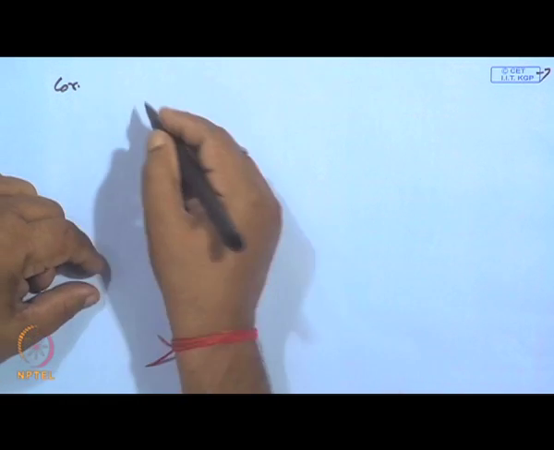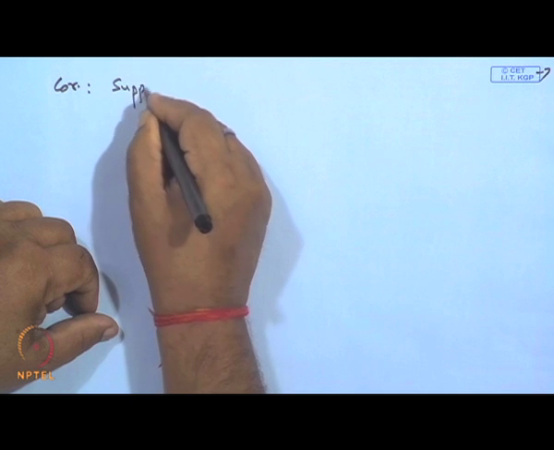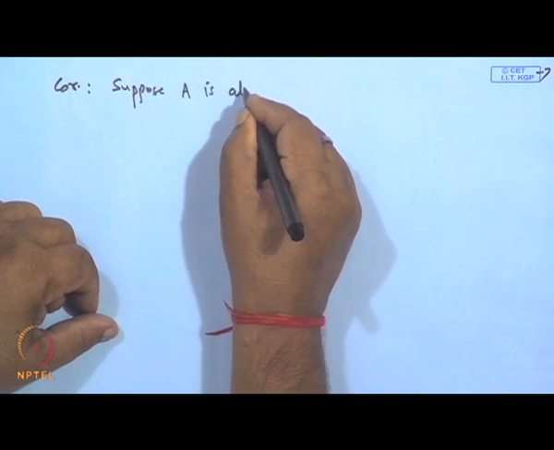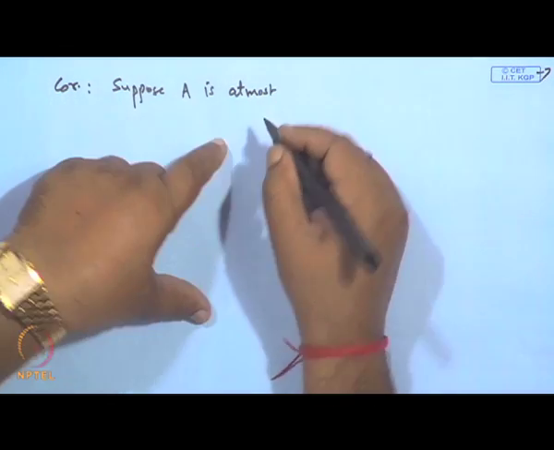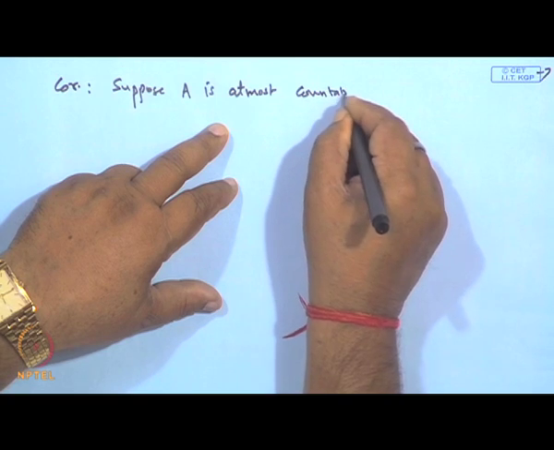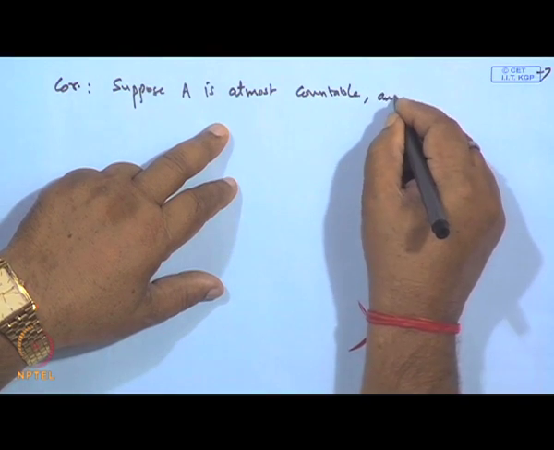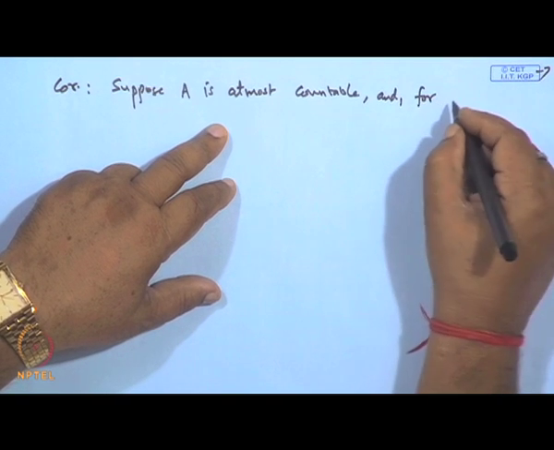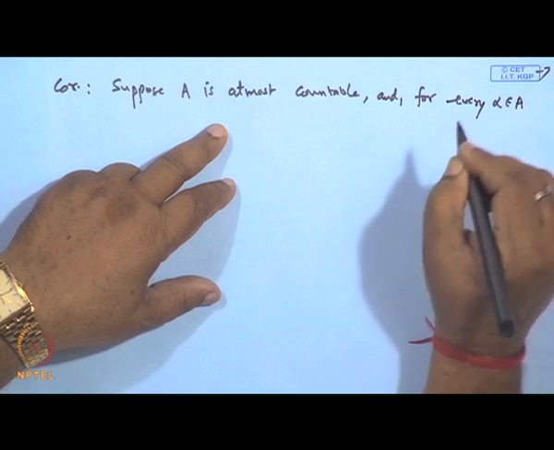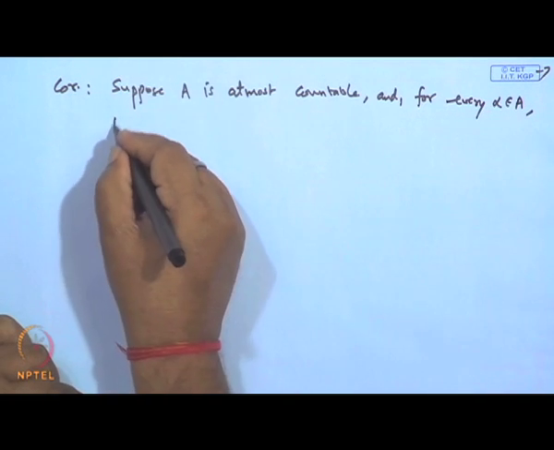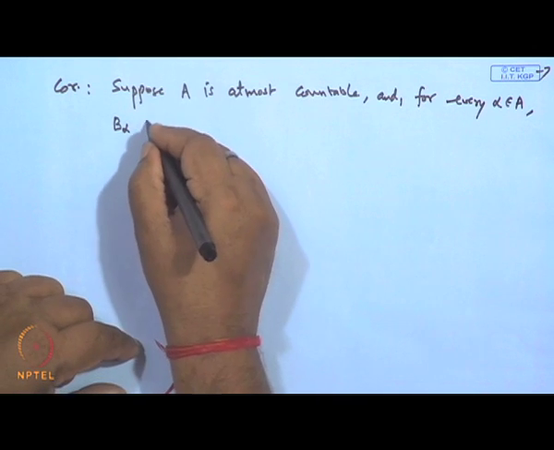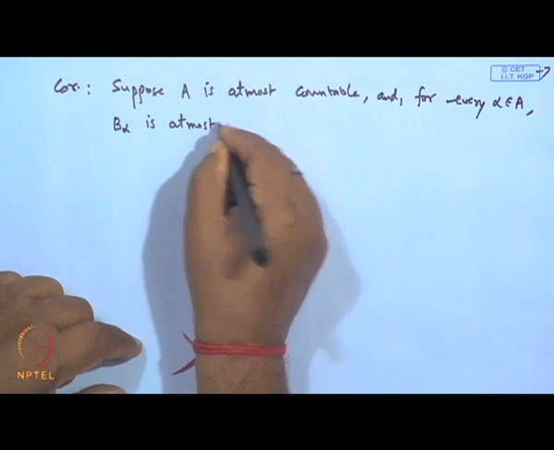Okay. So, this is our result, and we can generalize it. As a corollary we can say: suppose A is at most countable, and for every alpha belonging to A, B alpha is at most countable, which is a subset of omega.